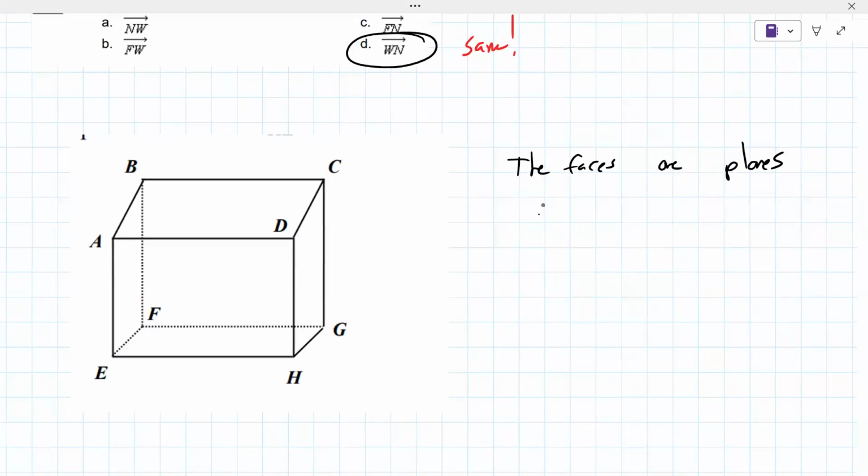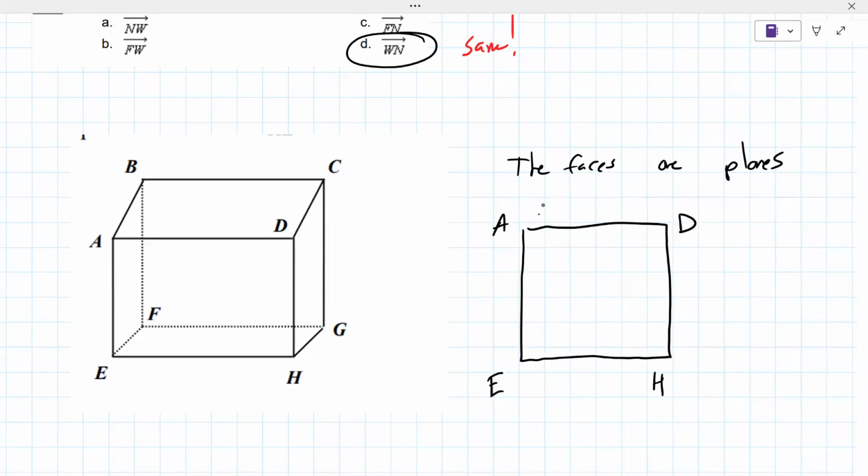For example, the front face, AEHD, that's considered a plane, the front one. You see that? Now, it extends infinitely in all directions.